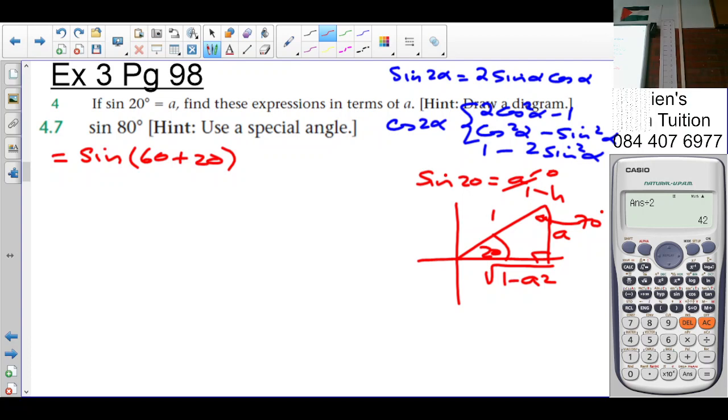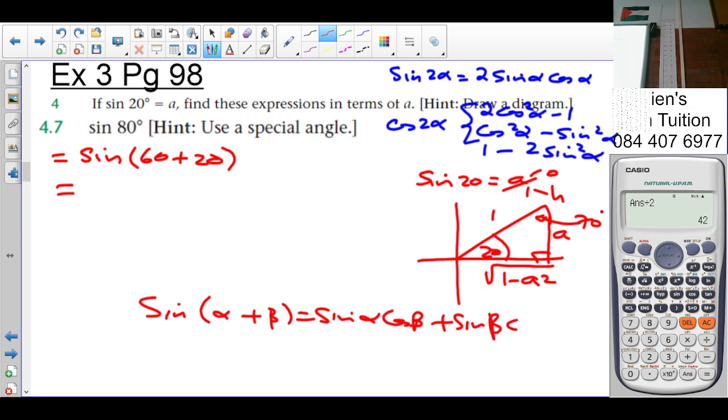Okay. So sine expansion: sine of alpha plus beta can be written as sine alpha cos beta plus sine beta cos alpha. If I apply that expansion, it's simply going to be sine 60 cos 20 plus sine 20 cos 60.